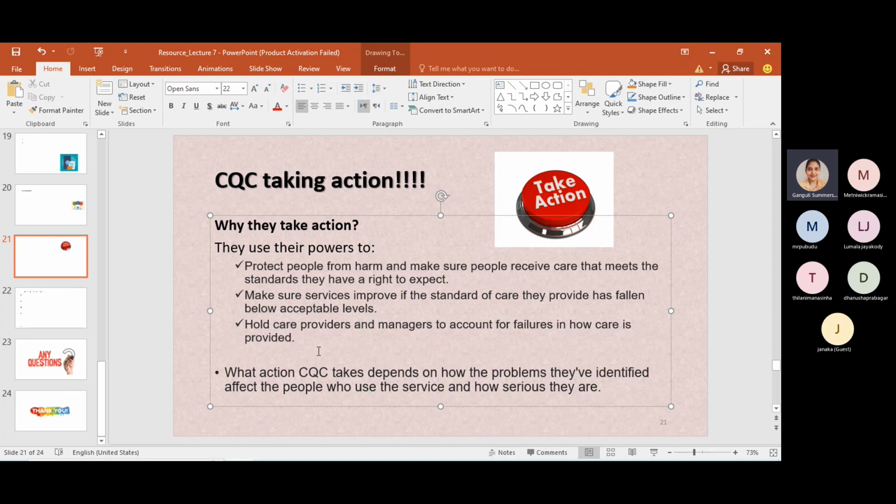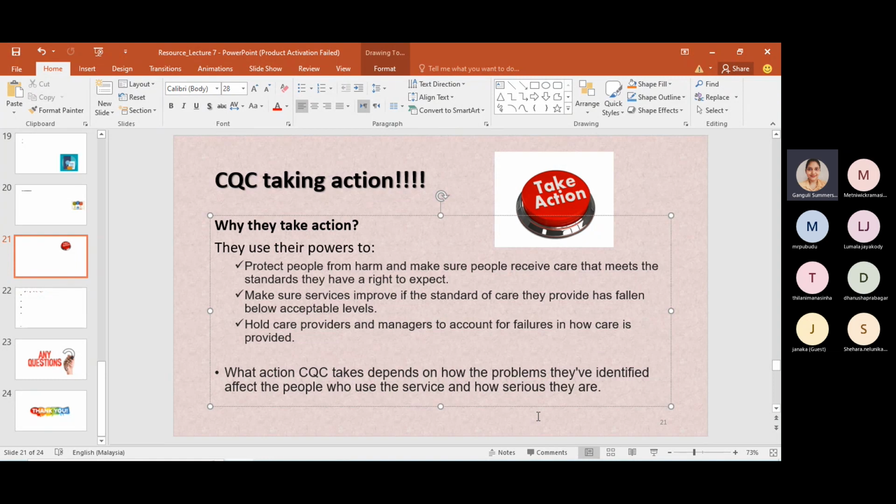Whenever CQC takes an action against a workplace or against a professional, this action depends on how the problems they have identified affect the people who use the service and how serious they are. The action that CQC takes will depend on the severity of the issue.